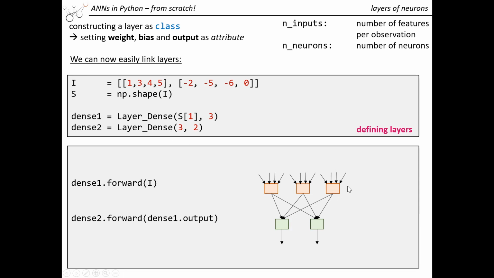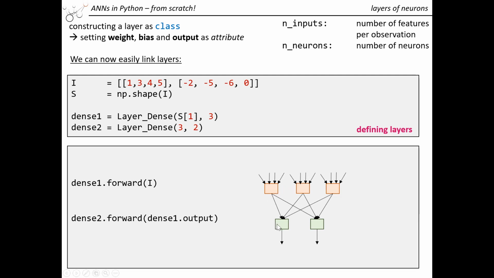And why is that so? That's what you see here. So we have 4 features for every data point, but we have 3 neurons. So that's what we have here. And every neuron from the first layer has to talk to every other neuron from the second layer. And in this case, I kept it simple. The second layer has only 2 neurons, so that you can really see it in the plot.